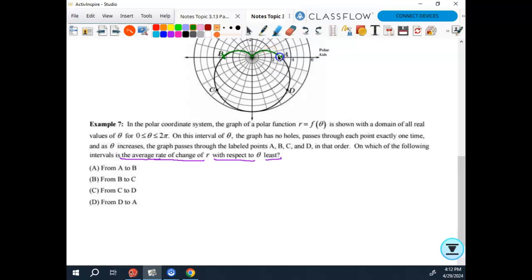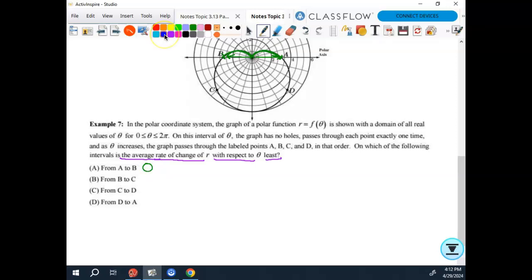Okay, sorry, I'm here at 0, I get to pi halves, and then I get to pi. And so even though it looks like a -2 on the y-axis, if I'm at pi, my radius would be 2. So these 2 radii have the same value, and I have symmetry here, which means my average rate of change is 0. So this is 0. Maybe that ends up being the least.